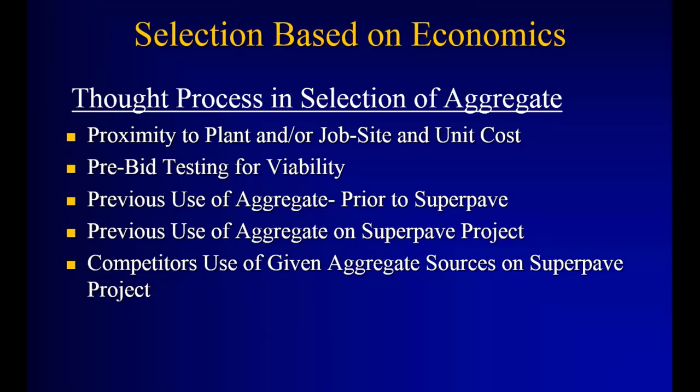So the selection here on aggregate is actually really complicated when you think about it. A job is let out to bid and advertised, and say it's a Superpave FAA 45 project. Well, where's it at is the first thing.